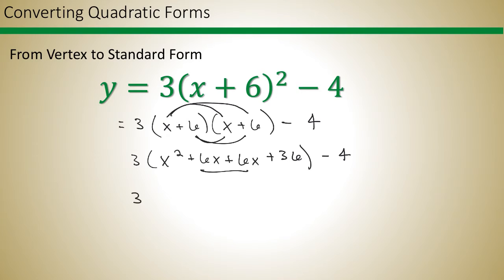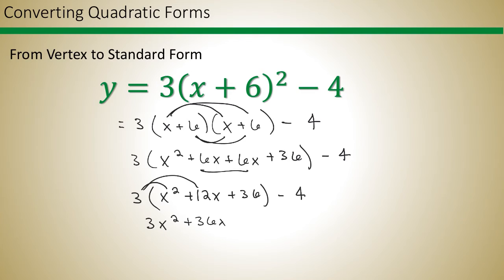All right, let's combine our like terms in there. So that gives me 3 times x squared plus 12x plus 36 minus 4, and then we're going to multiply by that number in front. So 3 times x squared is 3x squared plus 36x and plus 108 minus 4, and then combine these like terms.